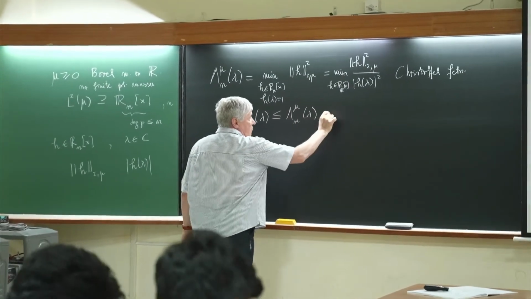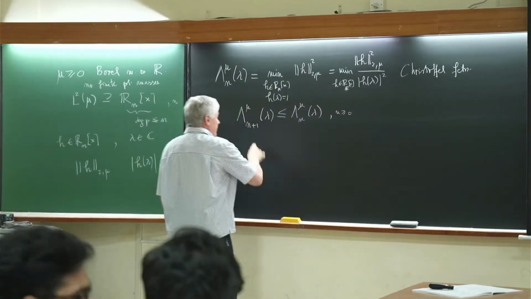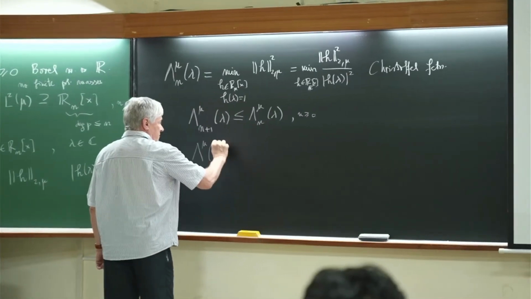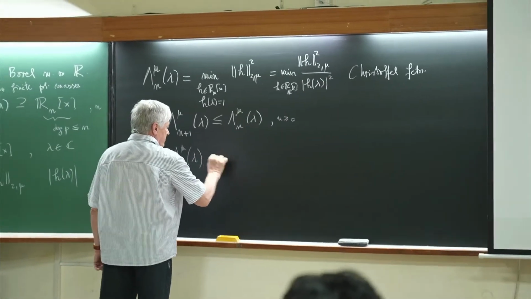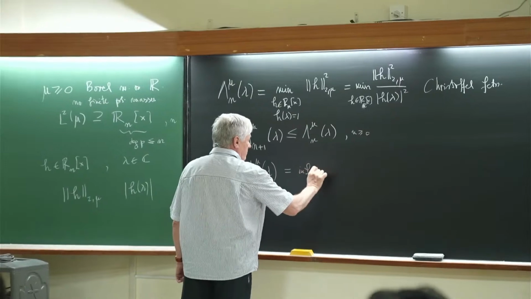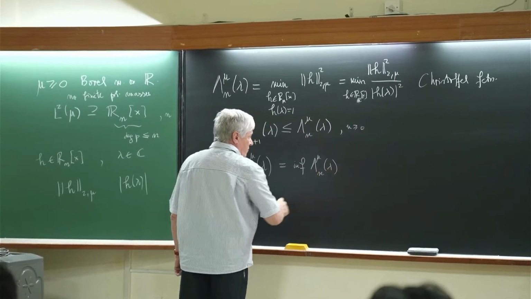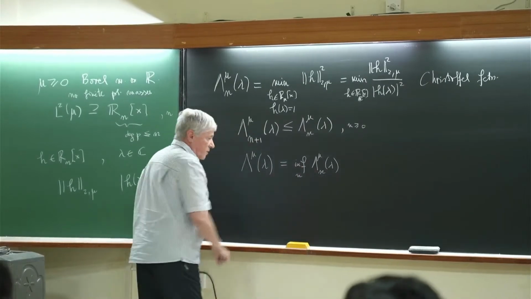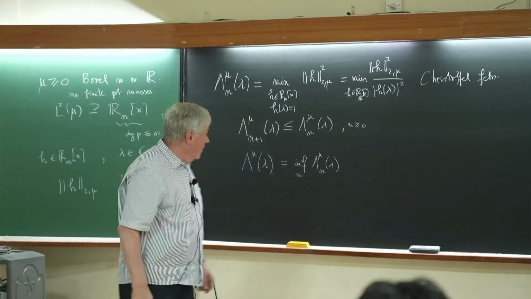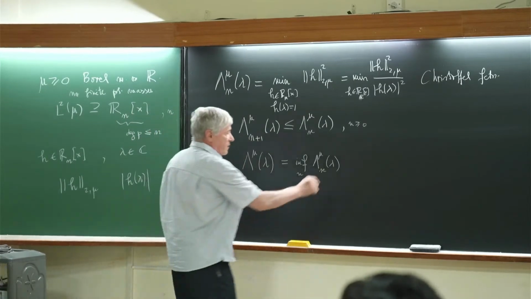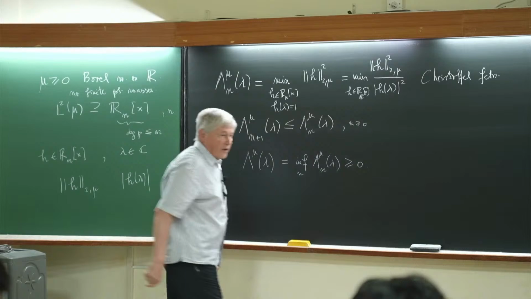Obviously, this is true for every n. Therefore, the limit exists. It depends, of course, on lambda. This is the truncated Christoffel function. This is the full Christoffel function. And this is, of course, non-negative.